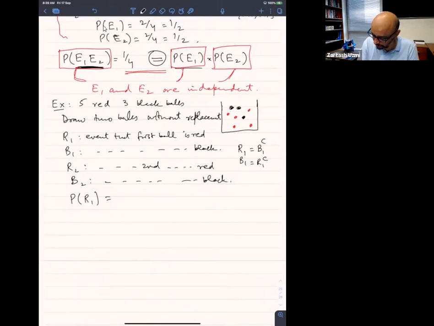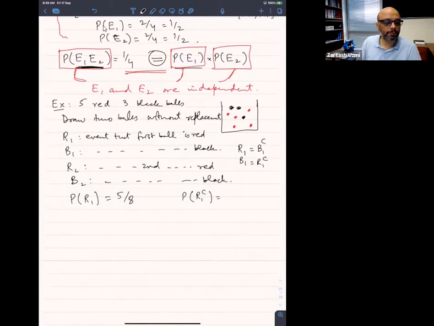Why is this 1 over 5? Probability of R1, the first ball that you pick randomly out of these 8 balls, there are 5 red balls out of these 8 total balls. So this should be 5 over 8. Everyone has now agreed that this is 5 over 8. Very simple. What is the probability of R1 complement?